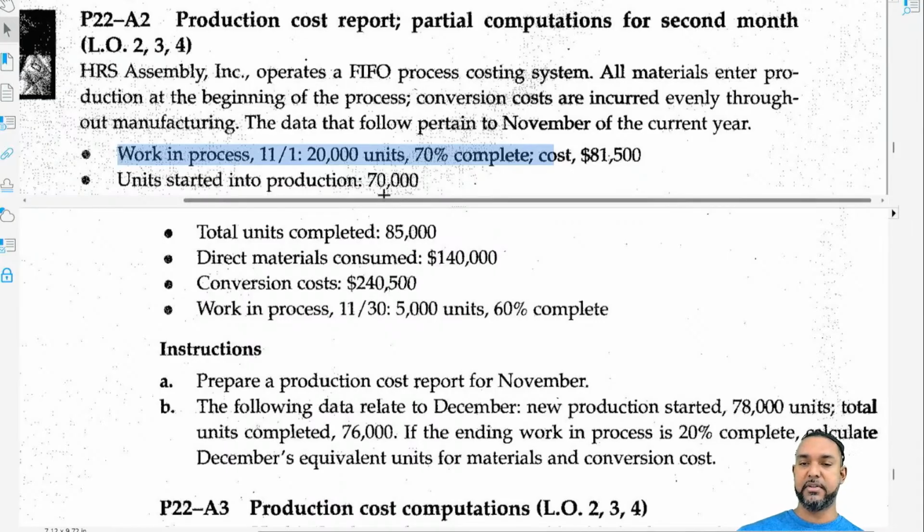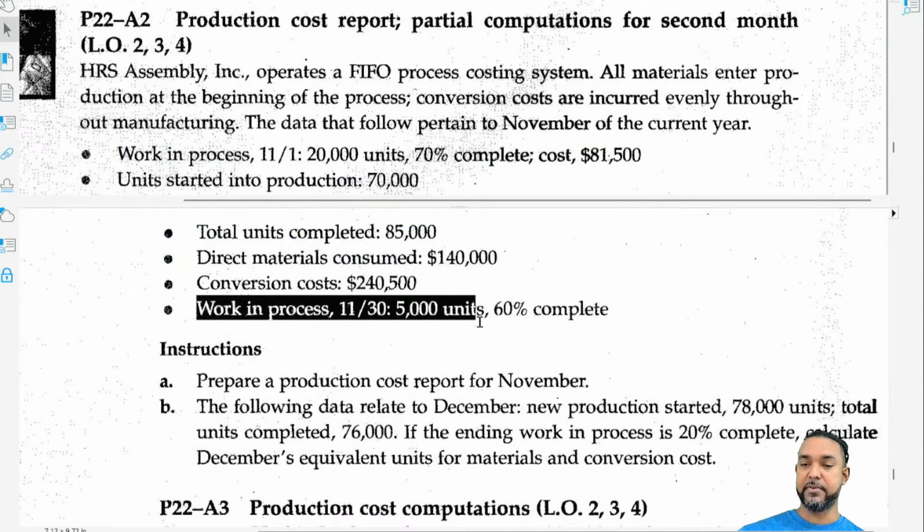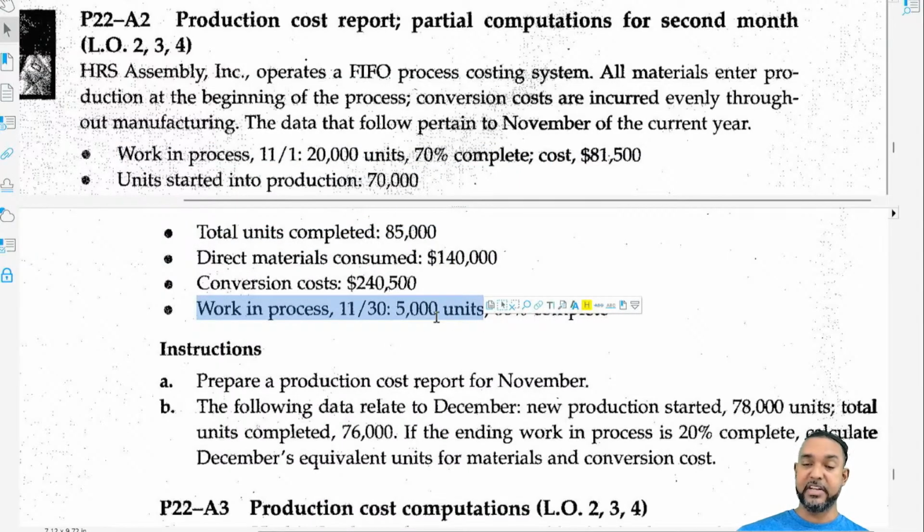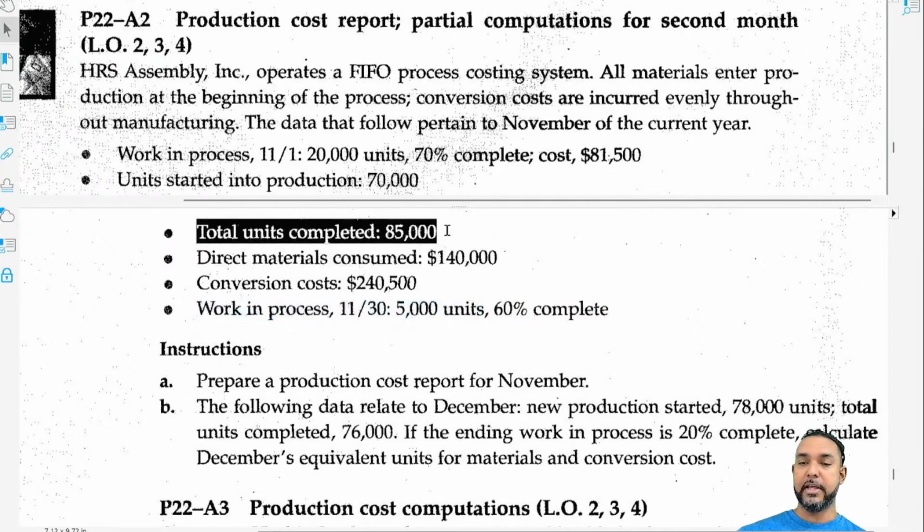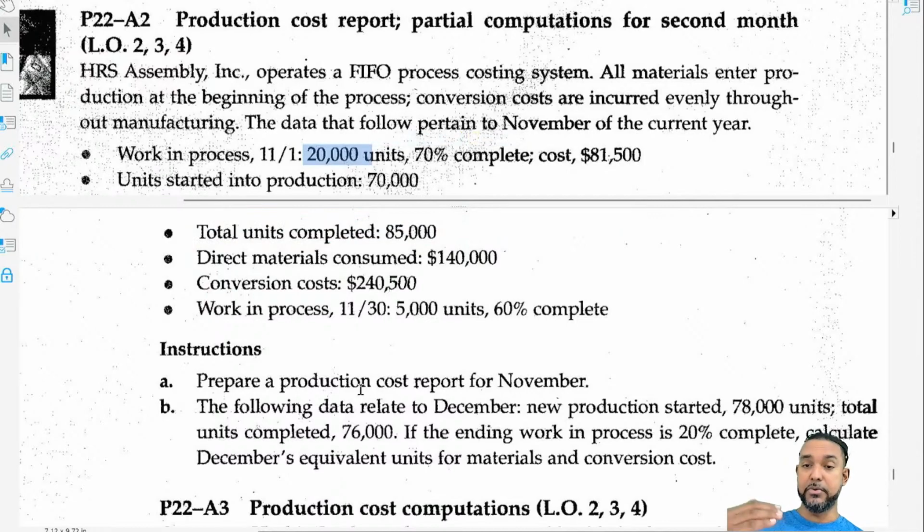Now, we started 70,000 units into production, right? So we had 20,000 at start brought forward. We started 70 more, so 20 and 70 is 90. And then the total units completed is 85, and work in process at end is 5,000. So 85 and 5 will give us back 90. But remember, we have to split this 85 into the work in process at start and then the units started and completed.